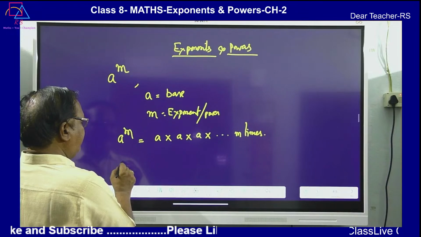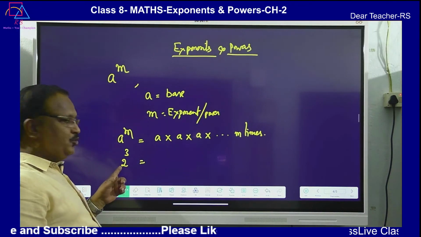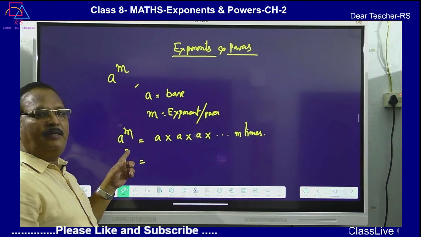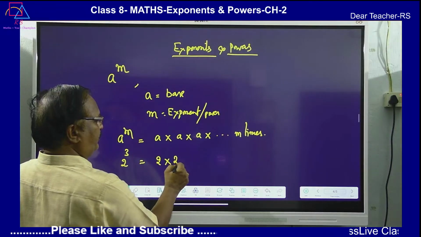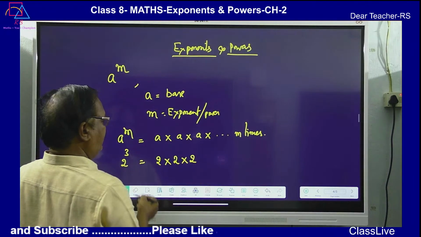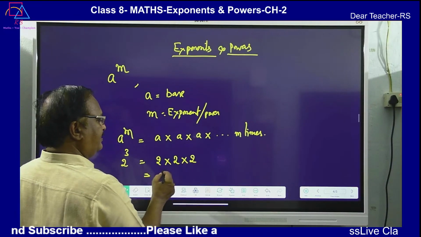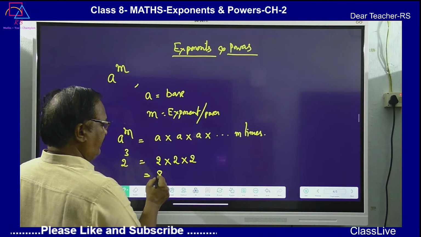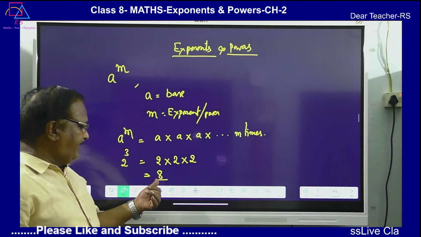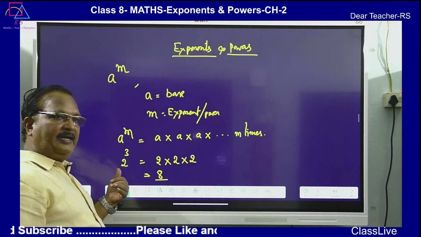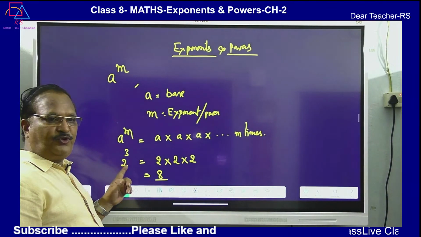Let me give you an example. 2 cube, for example. 2 is the base, 3 is the power. So 2 into 2 into 2, 3 times you have to put. So 2 into 2 is 4, 4 into 2 is 8. So 8 can be written as 2 cube. 8 you can write in exponential form as 2 cube. The value of 2 cube is equal to 8.